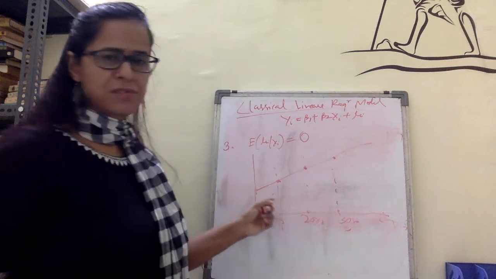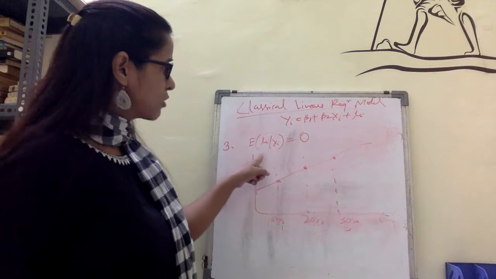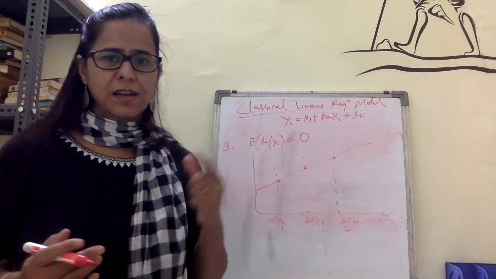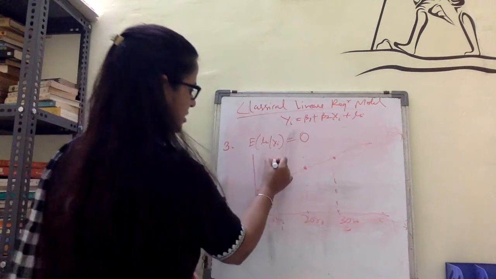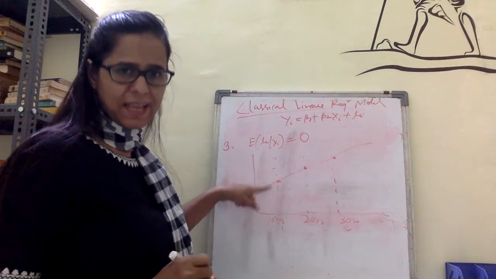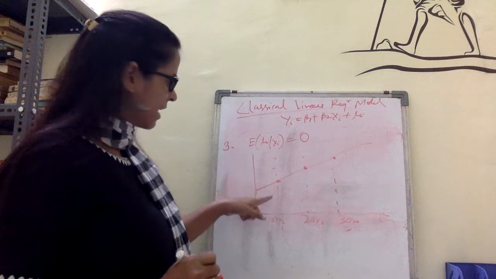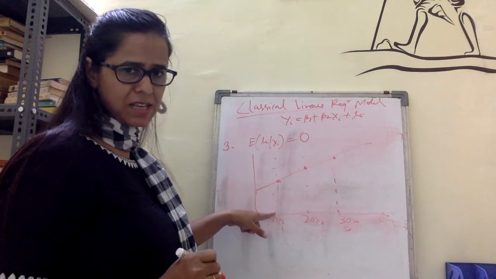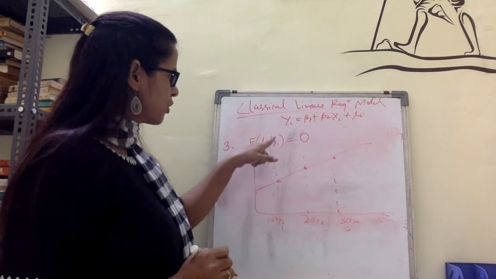So what is the meaning of this particular assumption? Expected value of error term. What is the error term? Error term is the difference between the actual y values of different families and these points, which are the average or predicted values of consumption expenditure of these families.